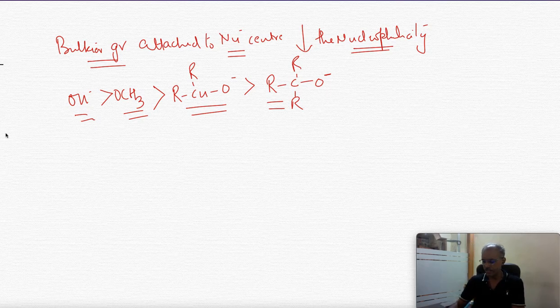Right? So today we have covered all the reactive intermediates, and an in-depth view of nucleophiles and electrophiles, the different types of nucleophiles and electrophiles. So I think it's over for the day. Go through these topics because they are very important.